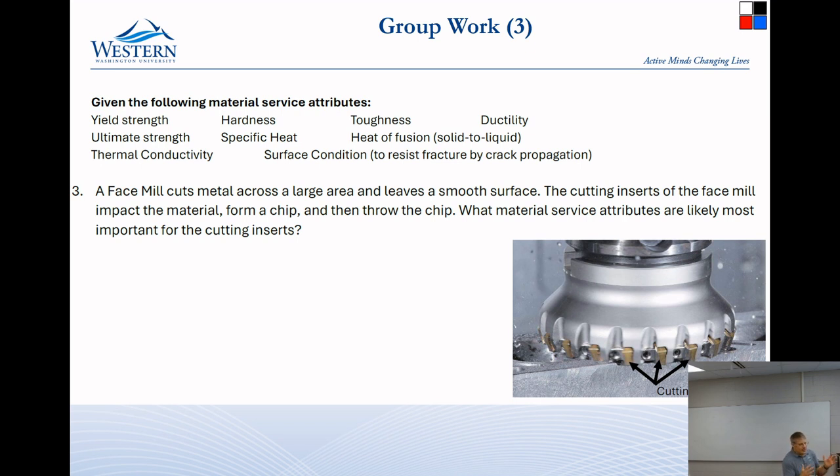The combination of the two: one provides the hardness to cut the material, and the other provides the sponginess, if you want, the ability to absorb that energy so that the cutting inserts can survive.